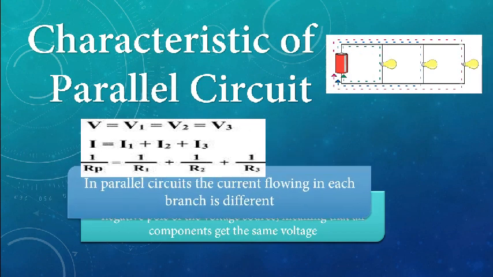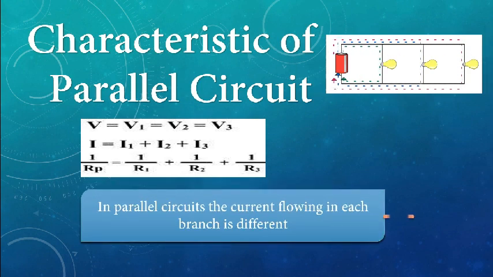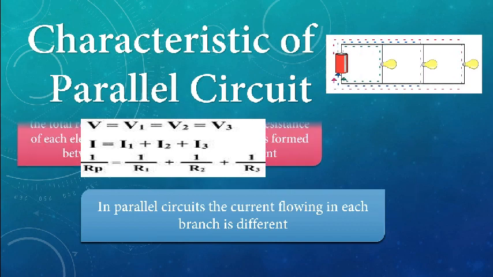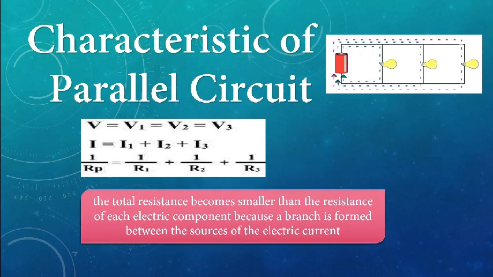And the second, in parallel circuit, the current flowing in each branch is different. And the third, the total resistance becomes smaller than the resistance of each electric component because a branch is formed between the sources of the electric current.